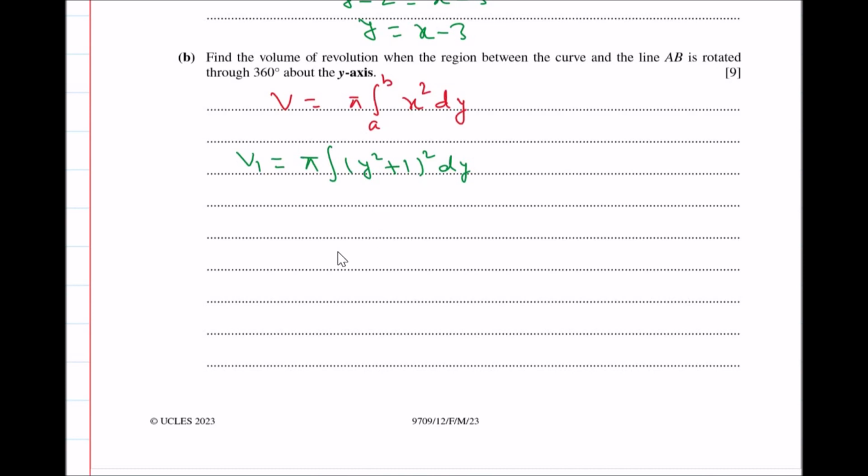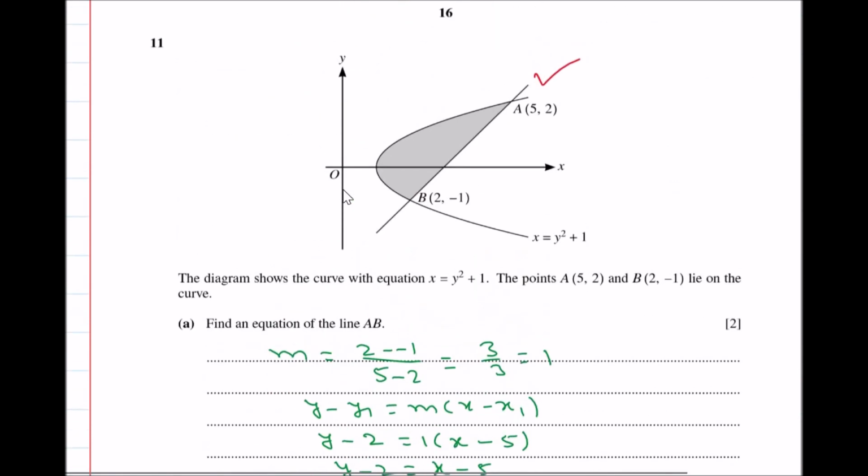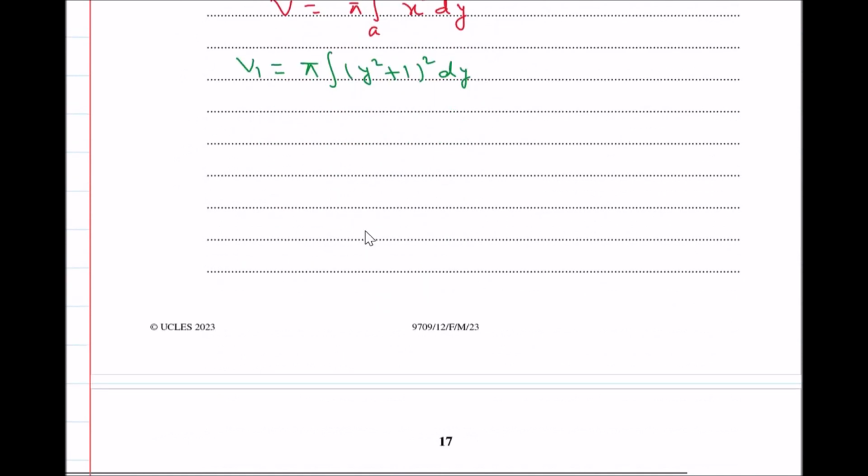Okay, now limits will be -1 to 2. You can see here y coordinate -1 and here 2. So limit will be -1 to 2. Now y square plus 1 whole square, we will expand it.